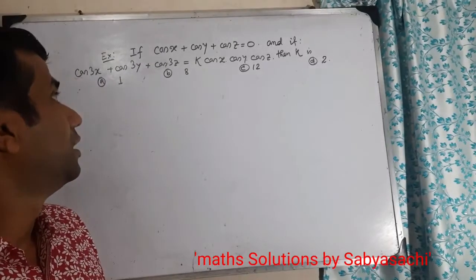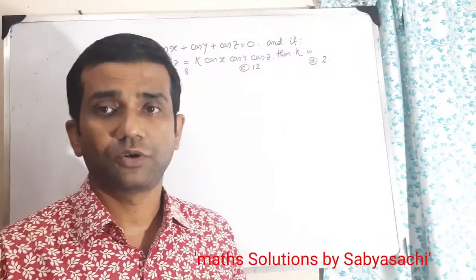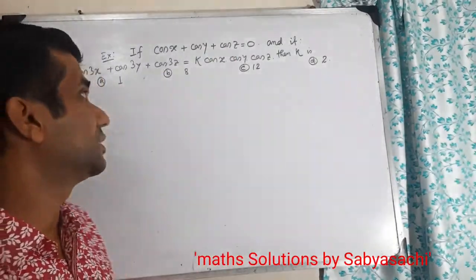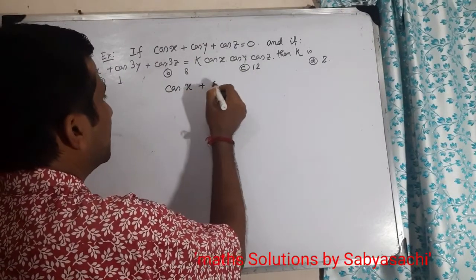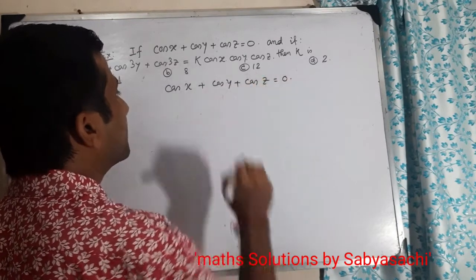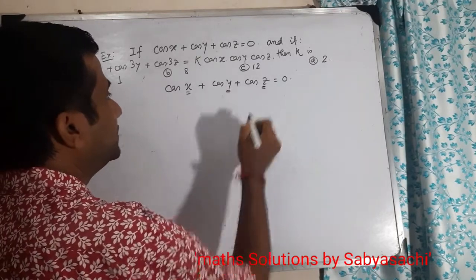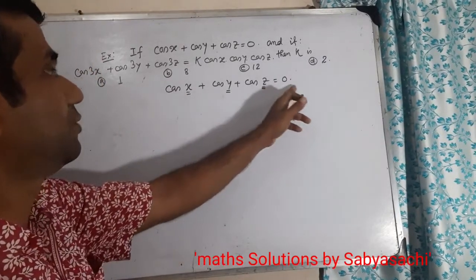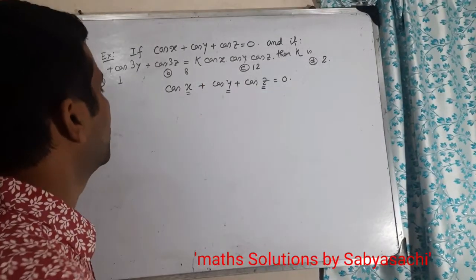So our first expression is cos x plus cos y plus cos z is equal to 0. Now for what values of x, y, z will this expression become 0? You have to find out the method.